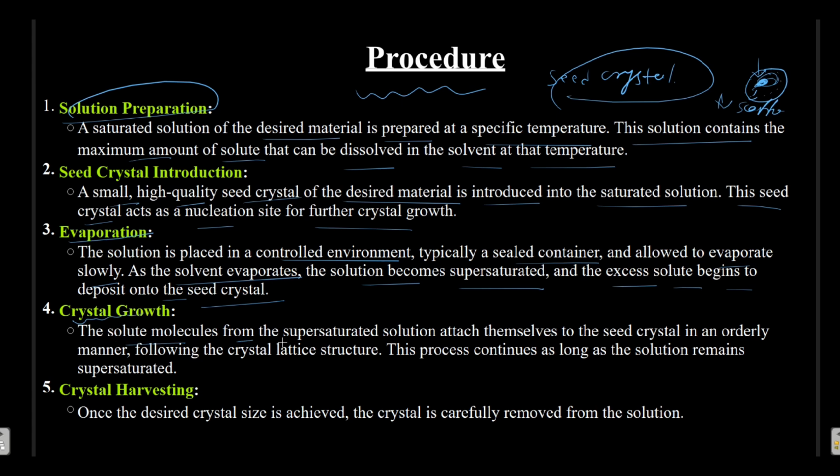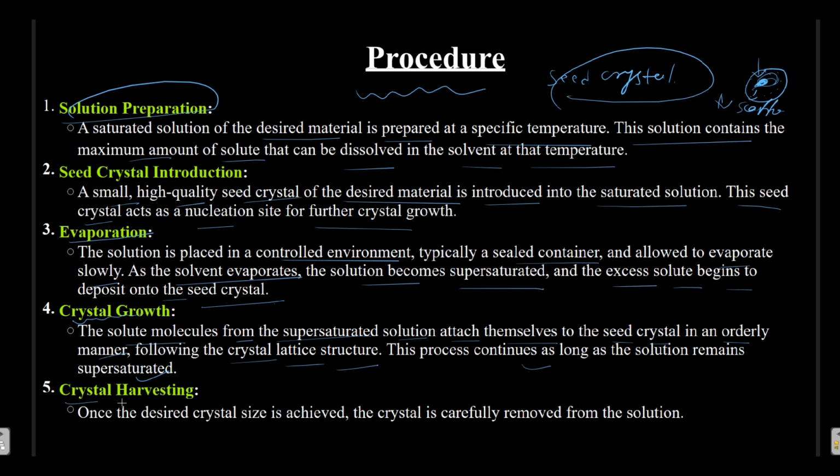The solute molecules from the supersaturated solution attach themselves to the seed crystal in an orderly manner, so the crystal will grow following the crystal lattice structure. As long as the solution remains supersaturated, the crystal growth will keep on happening.